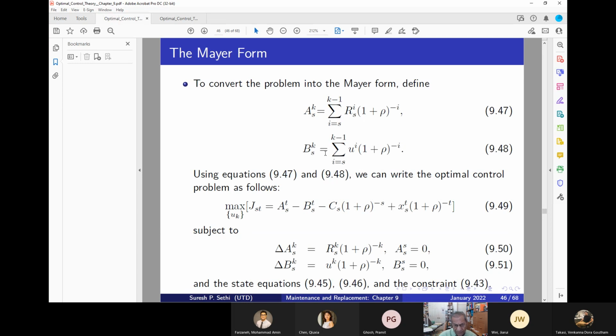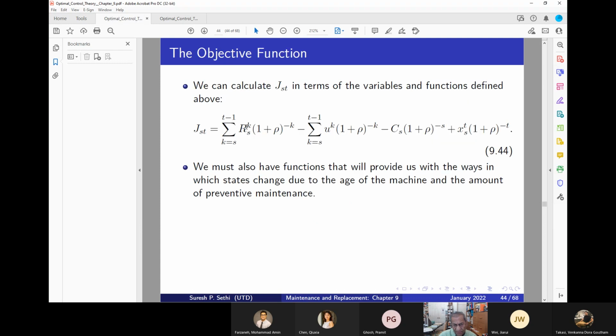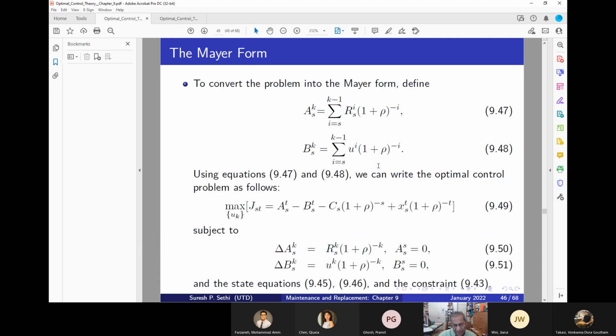If we do that, then these two guys become Meyer form, right? So they become AST and BST. And that one survives, SCS, and that one stays as this. So this is now a Meyer form. Everything other than this constant that we subtract is at time T, which is the terminal time of this machine.